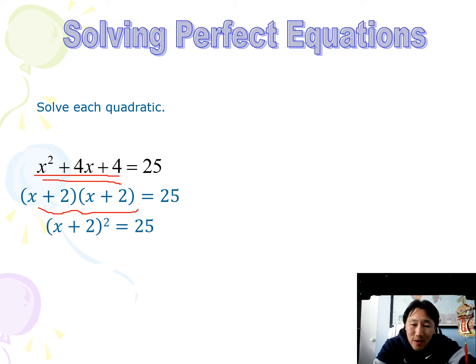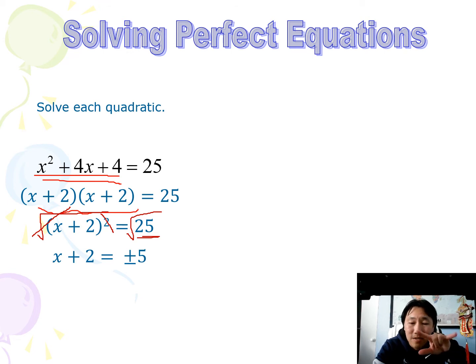And then from there, I'm going to square root both sides. That square root will cancel out that little 2. And then the square root of 25 is plus or minus 5. And then there's only one step left.